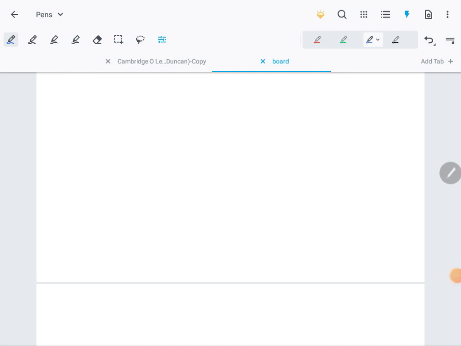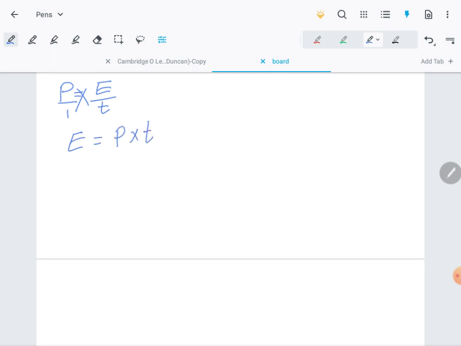Another question I received is the use of the equation of electrical energy. We know that power is energy per unit time. Make a cross multiply, so energy equals power multiplied by time.